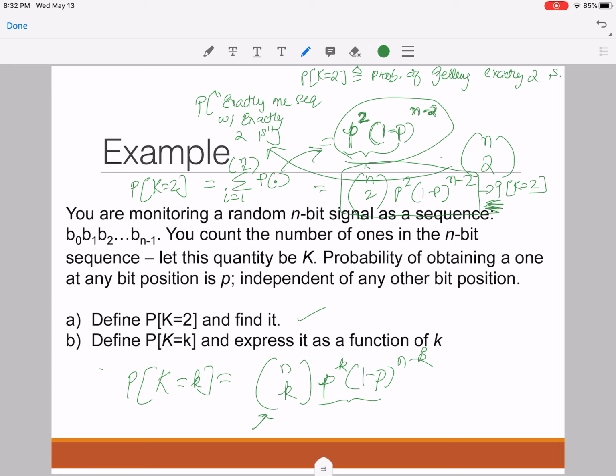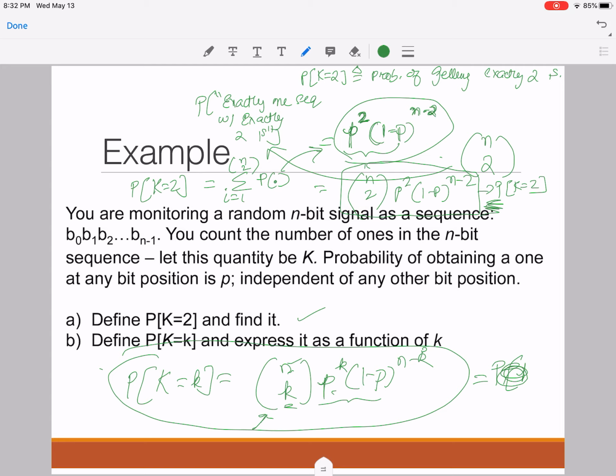Now carefully notice this form. This form is actually a function of k. Other parameters like n and p are constants. So this is a probability function that depends on n and p as constants, and gives me the probability for different values of k. Because this is a function, it gives rise to a new concept called the probability mass function.